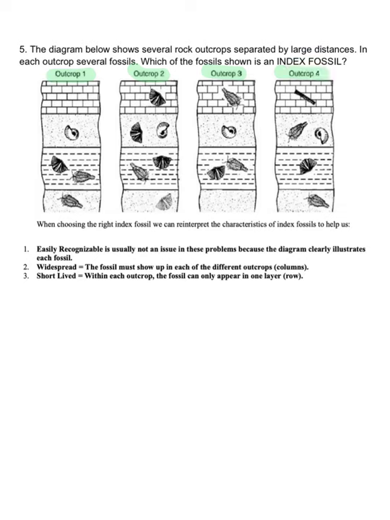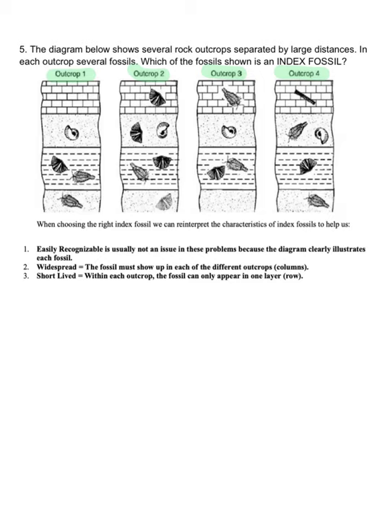It reminds you that when you're choosing an index fossil, it helps to look at the following things. It has to be easily recognizable. It has to be widespread, and it has to be short-lived. So we're looking for fossils that appear in every single column, but in each of those columns we want them to appear in only one layer.